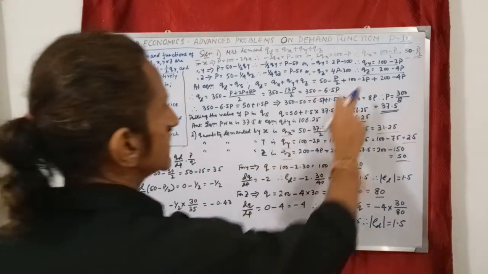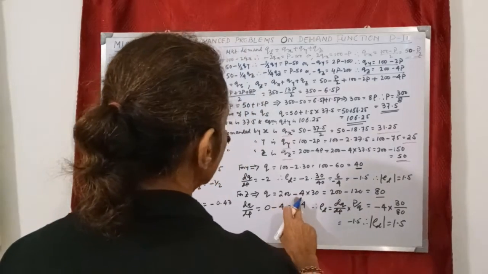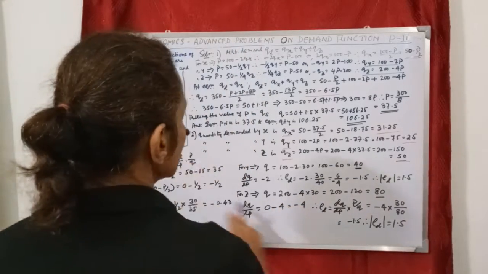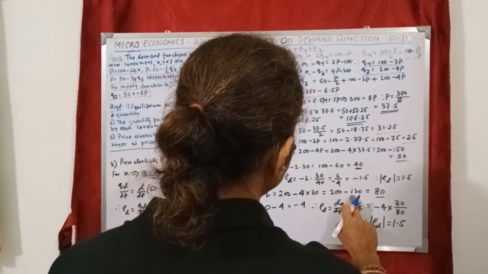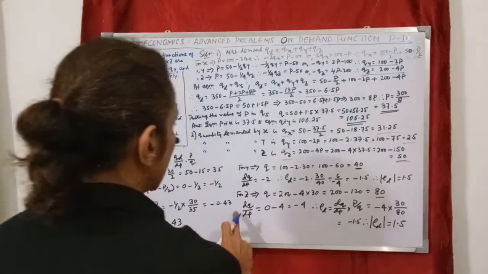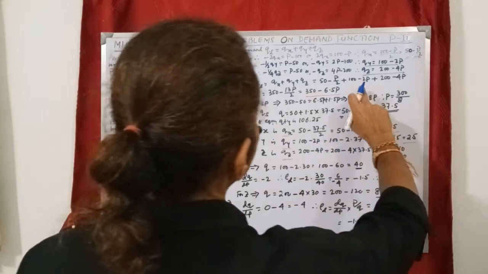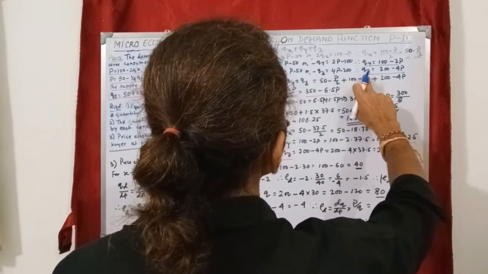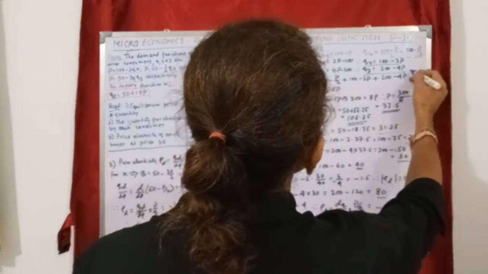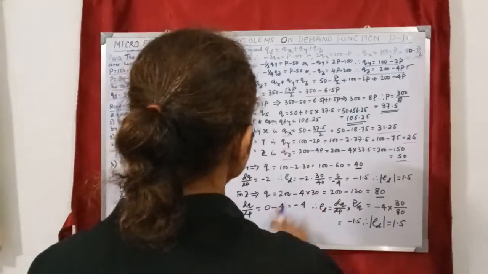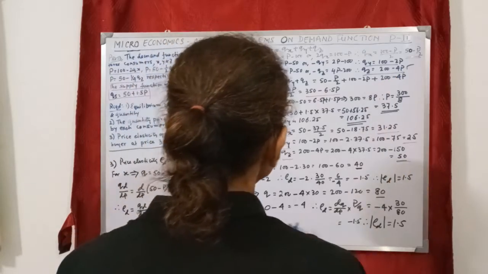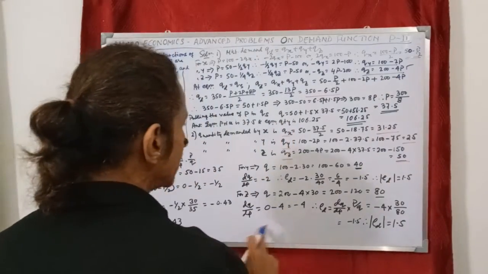The demand function of Z is 200 minus 4P, that is 200 minus 4 into 30, which is 200 minus 120, which is 80. And what is dQ/dP? We differentiate Q with respect to P. 200 becomes 0 and minus 4P becomes minus 4. So dQ/dP is minus 4.